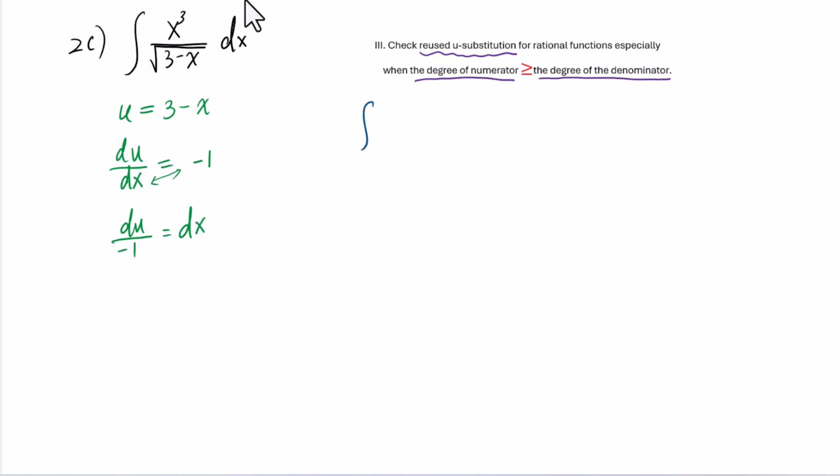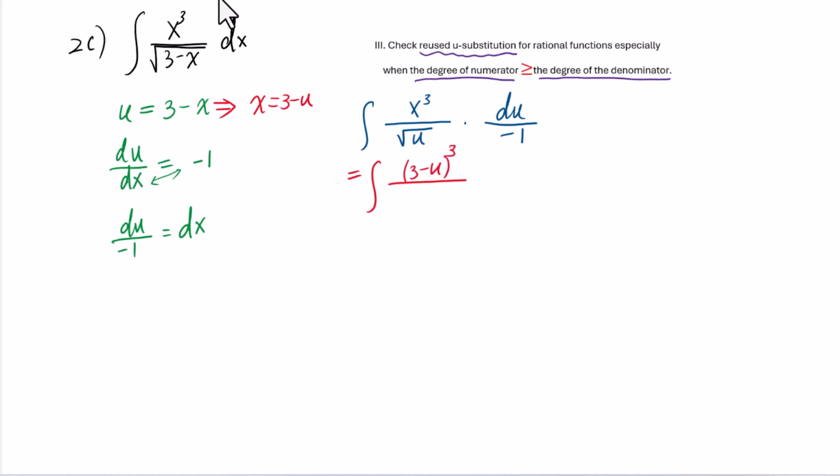So we get integral x to the 3rd power square root of u times du over -1. From this equation, we can figure out x equals 3 minus u. Substitution, integral of 3 minus u to the third power over square root of u times -1 times du.